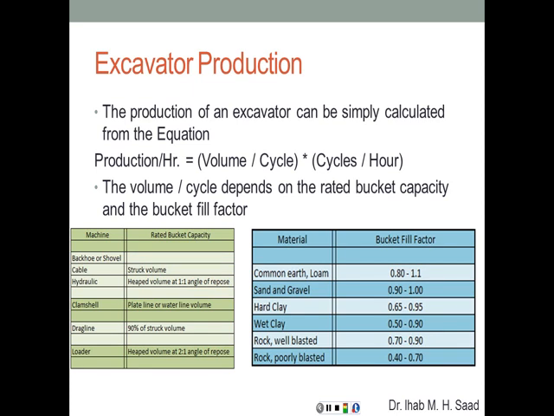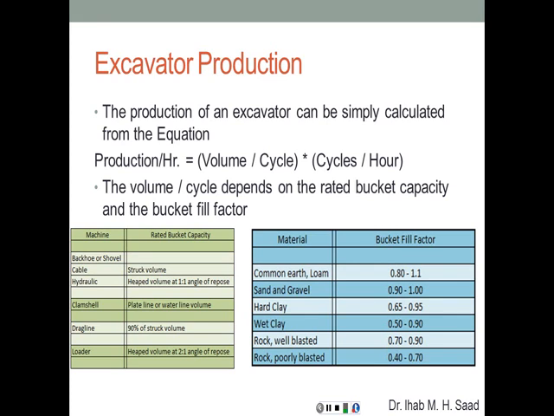And if it's a hydraulic backhoe or shovel, then it's the heaped volume at a 1-to-1 angle of repose. So there's going to be a heap on top of the rated capacity of the bucket, which is going to be something like a cone or a pyramid, at that angle of slope of 1-to-1, which is the angle where the soil can support itself without any additional support.